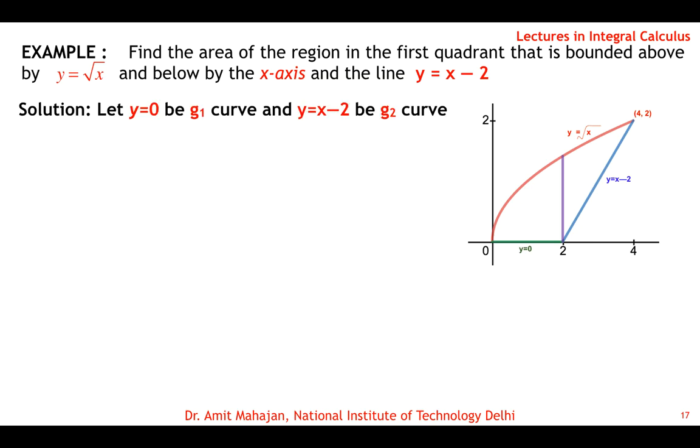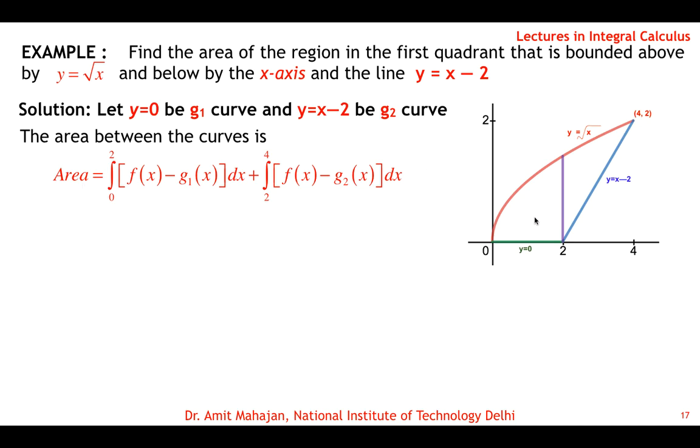Okay, so let us call this curve g1, the y equals 0 curve, and call this curve g2. Okay, the area will be the integral of f(x) minus g1(x), so this curve minus this curve, from 0 up to 2, so this area will be calculated, and plus f(x) minus g2(x), so this minus this, from 2 to 4, so this area will be calculated.